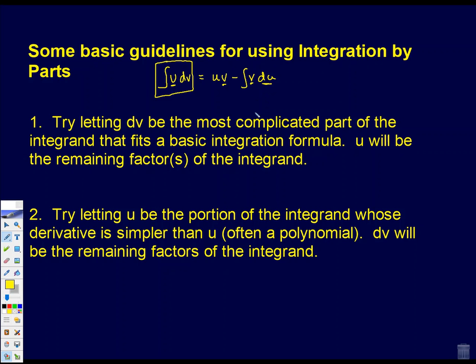So that leads to guideline number 2. Since we would like this integral here to be simpler than the first one, try picking for u something whose derivative is simpler than u. Here's a very common one. Commonly, we will pick u to be the power function x to the n, simply because the derivative is 1 degree smaller, with the power rule.